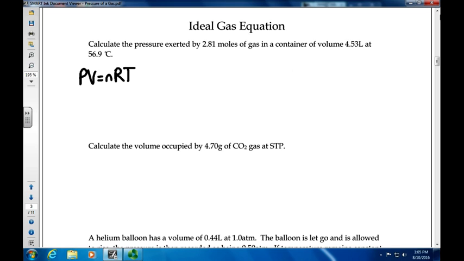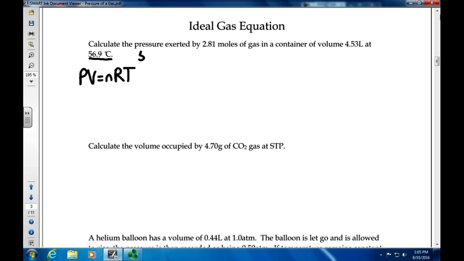So our first question asks us to calculate the pressure exerted by 2.81 moles of gas in a container of volume 4.53 liters at 56.9 degrees Celsius. So when we do this problem, we're going to first want to convert our Celsius to Kelvin.